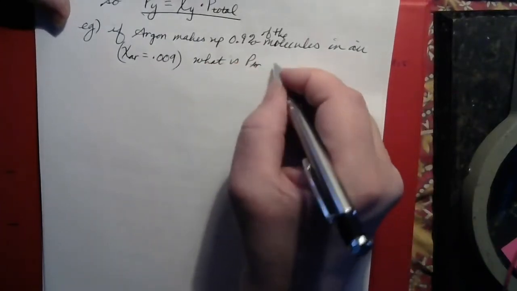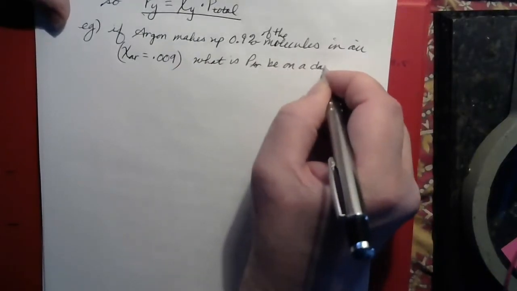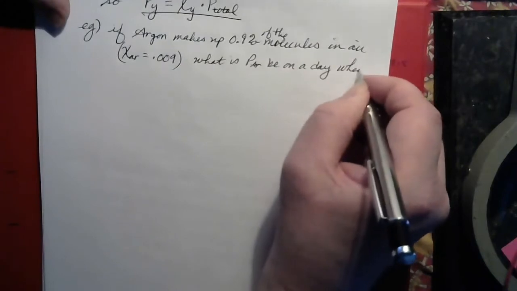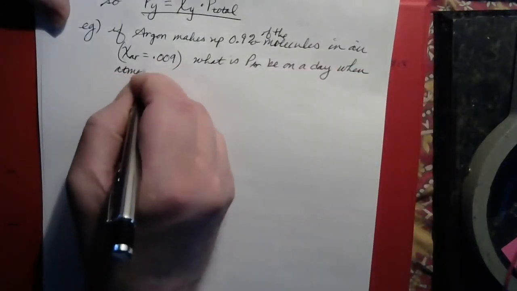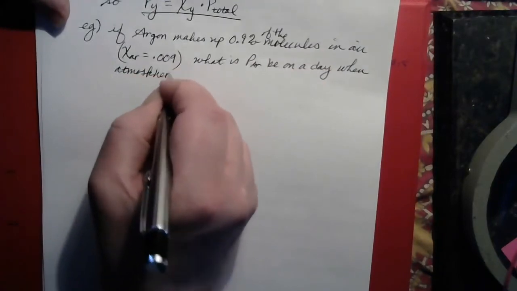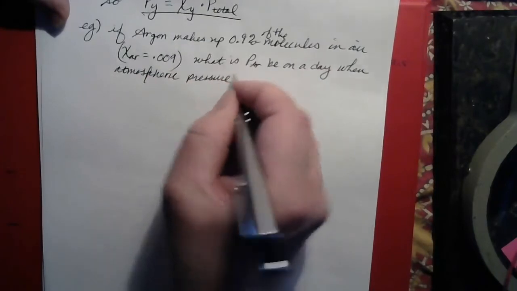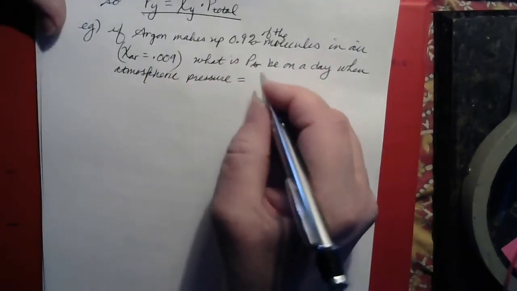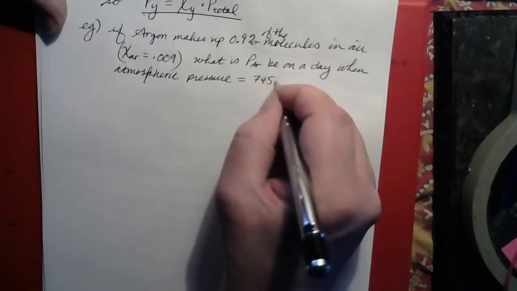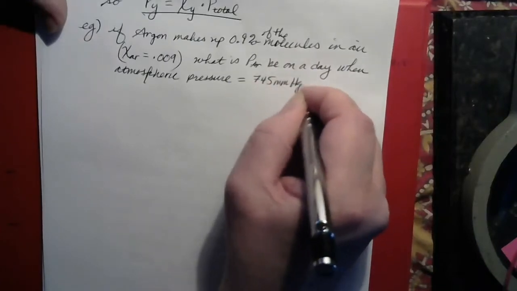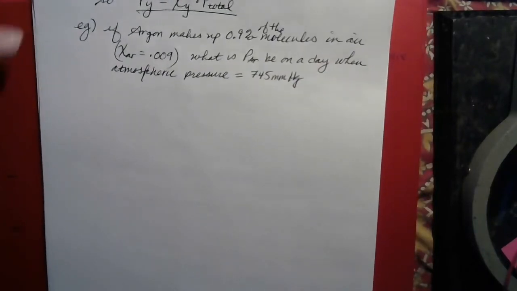What would the pressure of argon be when the atmospheric pressure is, say, 745 millimeters of mercury, or 745 torr.